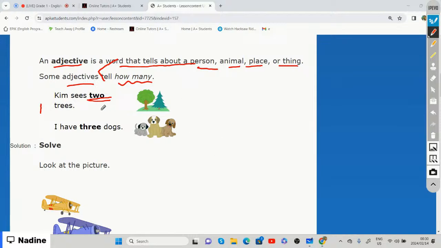So Kim sees two trees, and also, I have three dogs. So Kim sees two trees, and I have three dogs.